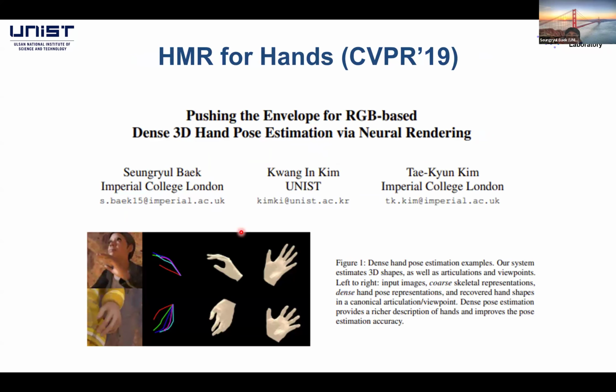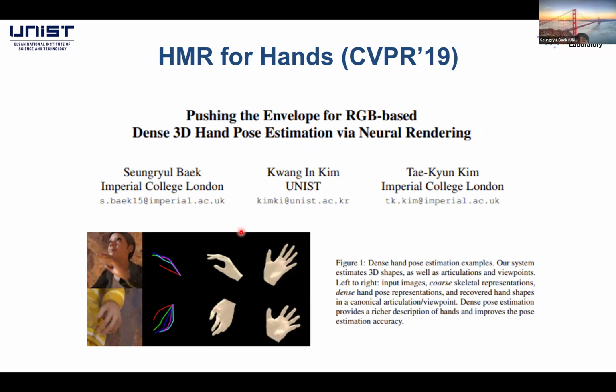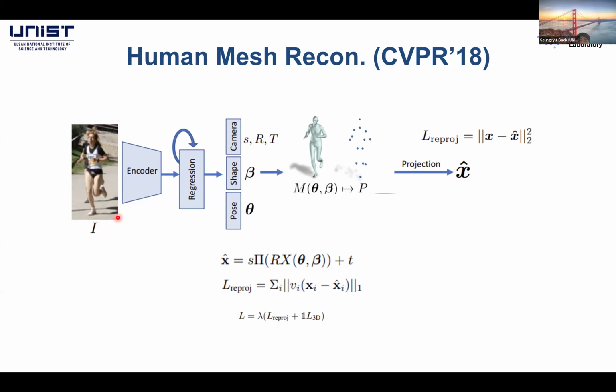And also, from now on, maybe most of the contents are explaining our research, what we have done using this HMR and SMPL and MANO. Actually, I did these things in 2019. And you can roughly think I made a deep learning architecture that is similar for the hand domain.